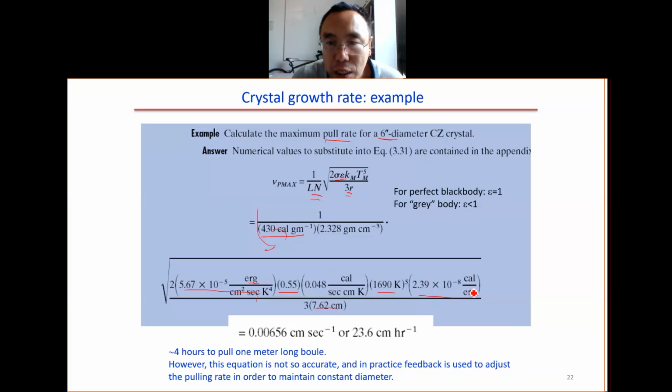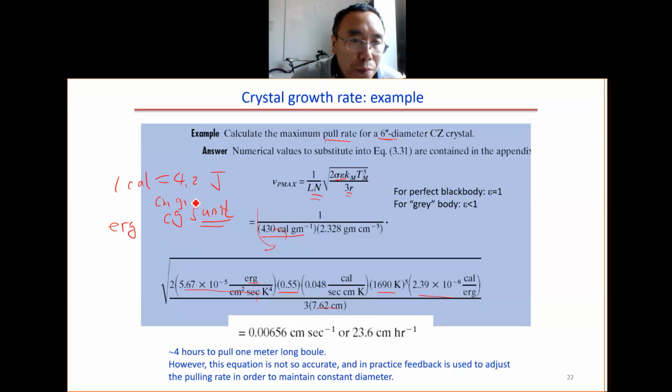So what is erg? Calorie we know: 1 calorie is 4.2 joule. So what is erg? Erg is the energy unit in the CGS system. CGS means centimeter, gram, second.